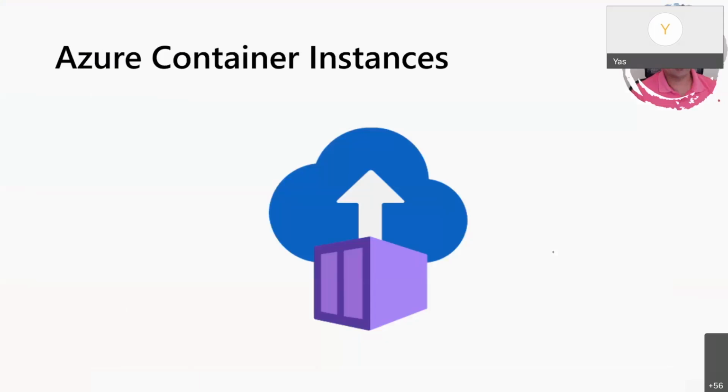So now that we have our image, it's time to run that container somewhere, right? We start with Azure Container Instances. That's the fastest way you can run a container in Azure. It's really slim and really good for small scale applications. It's generally used for development and testing purposes, or even in production on small scale applications.